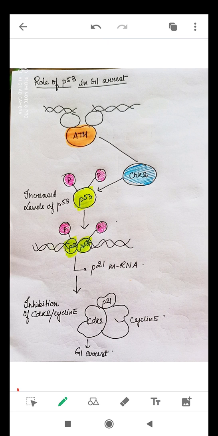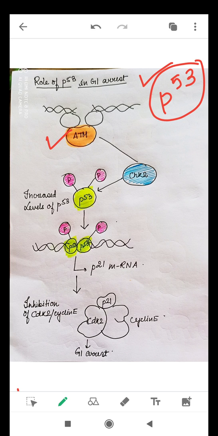Next, I come to the last point, that is your P53. We call P53 the guardian of the genome. P53 is a tumor suppressor gene. In our next classes, we will also see the different roles played by P53. Till now, let's discuss that DNA damage activates your ATM, again a kinase, which will activate CHK2. This will phosphorylate P53.